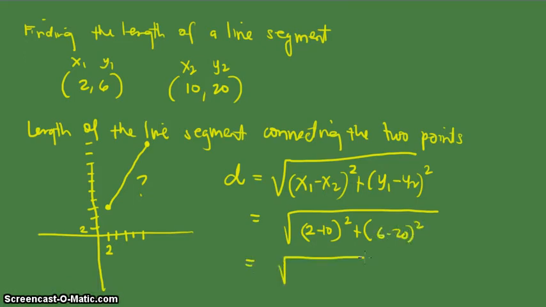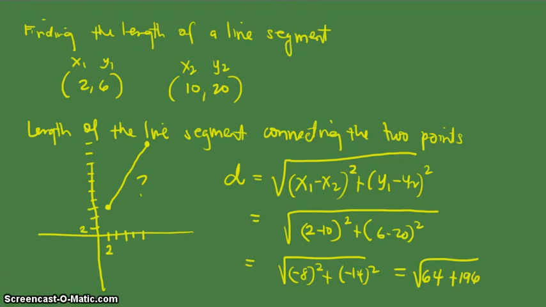If you simplify this, 2 minus 10 is negative 8 squared, plus negative 14 squared. Negative 8 squared is 64, while 14 squared is equal to 196.